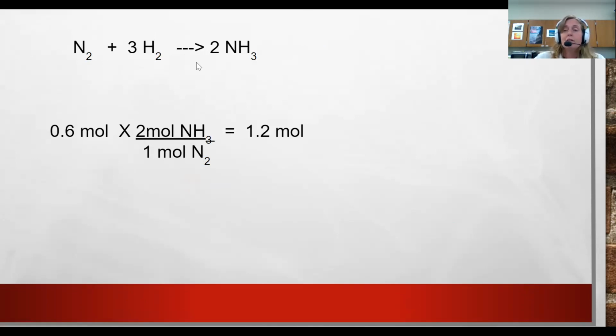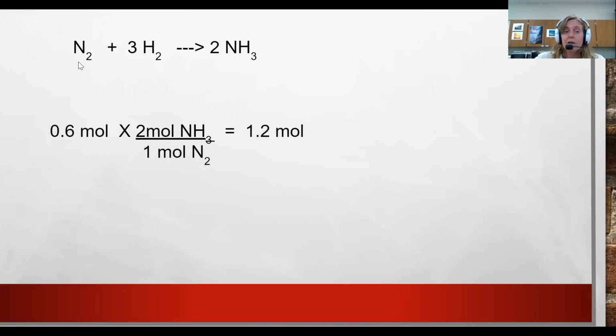Now, I always tell people when we're doing these types of problems, you want to identify what you're missing, your unknown, and what you're given. So in this problem, we were given 0.6 moles of nitrogen.